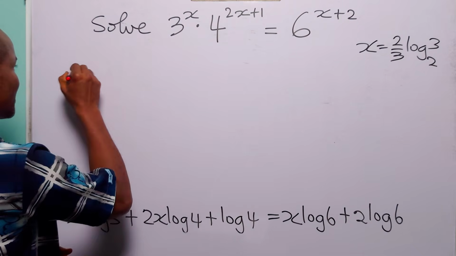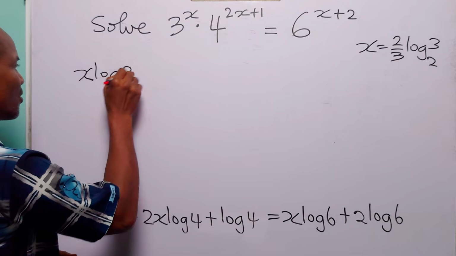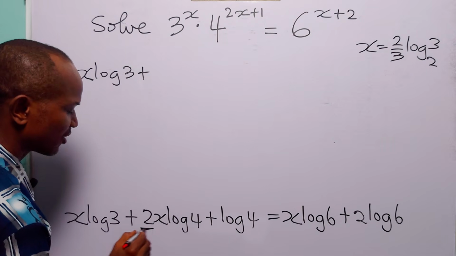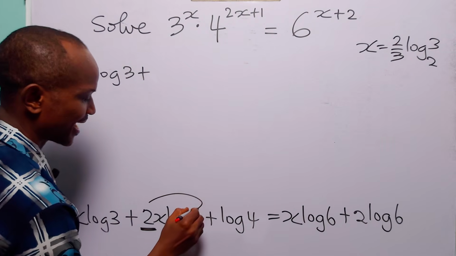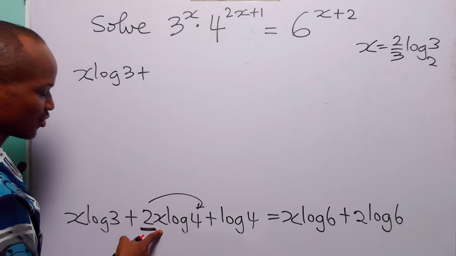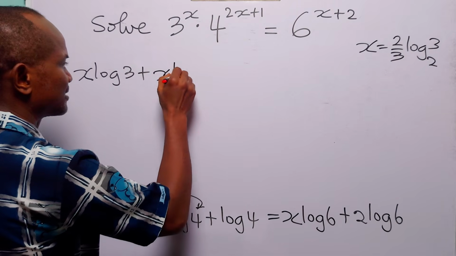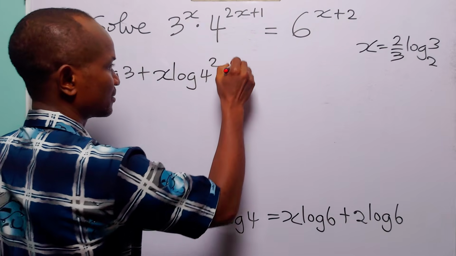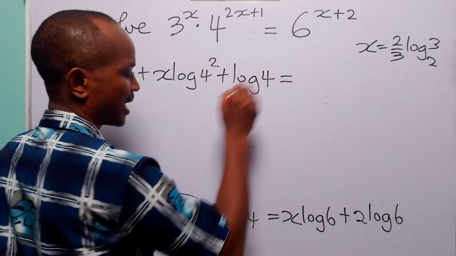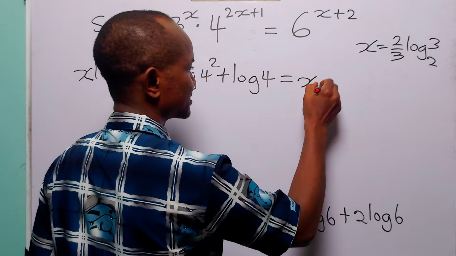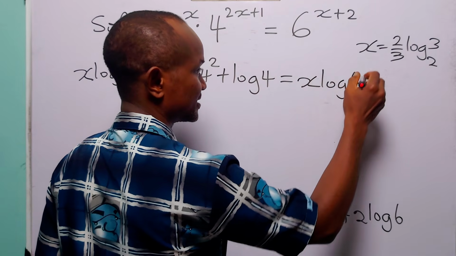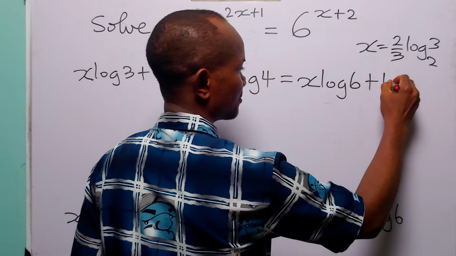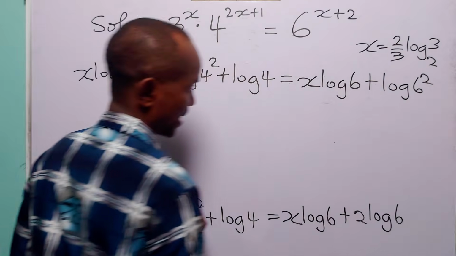Now from here we have x times log 3 plus, we can apply the power rule to this. We are going to take up the multiplier 2 to become the exponent of 4. So this becomes x times log 4 squared plus log 4. And this is equal to x times log 6 plus, once more, we apply the power rule. This becomes log 6 squared.